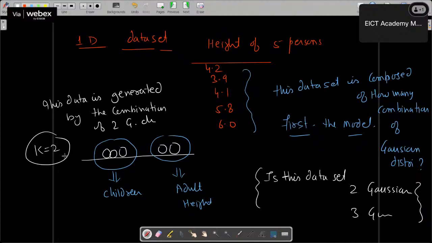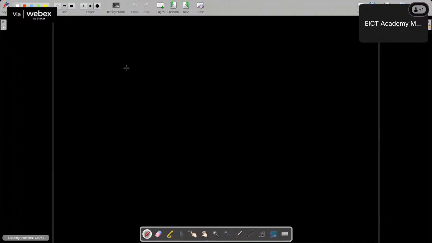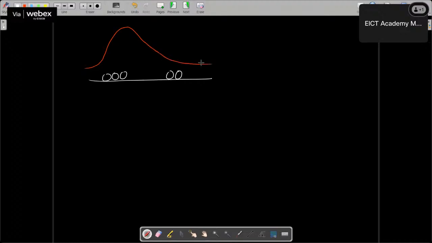Okay, so the model will pick Gaussian distributions randomly. So now the model will pick two random Gaussian distributions.